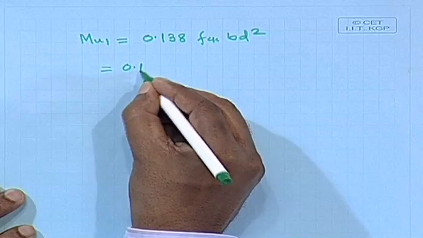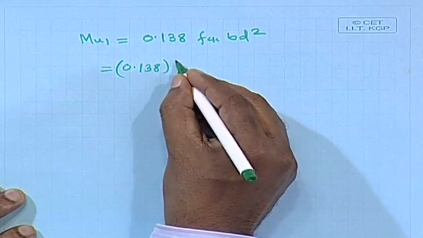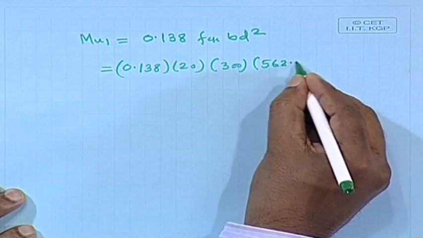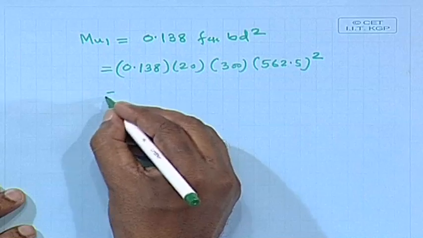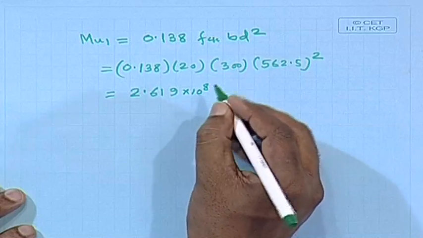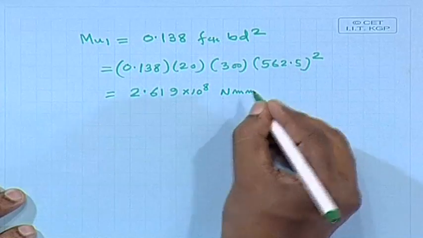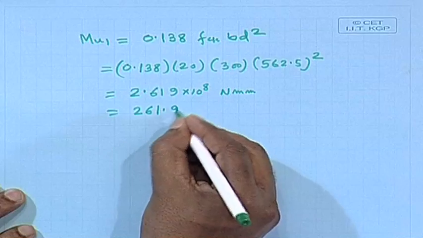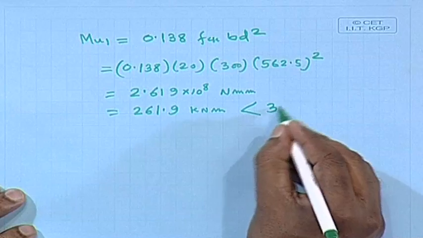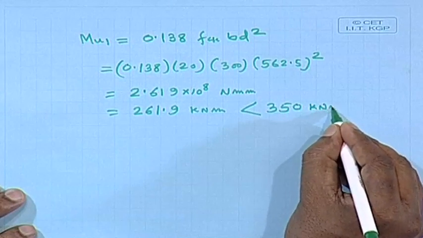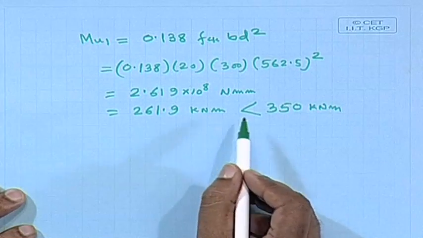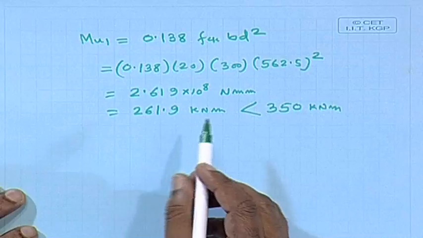It comes as 0.138 times 20 times 300 times 562.5 square, equals 261.9 kilonewton meter, less than the applied moment 350 kilonewton meter. Due to concrete failure we are getting 261.9, that means for the balance moment we have to provide compression steel.